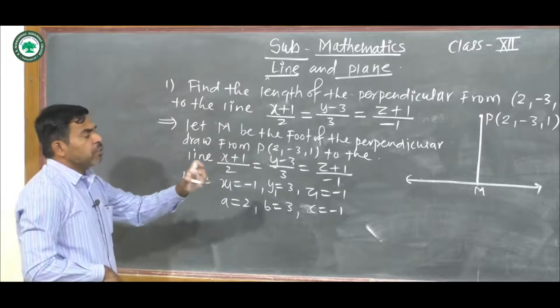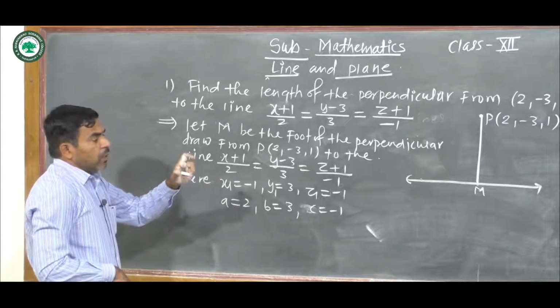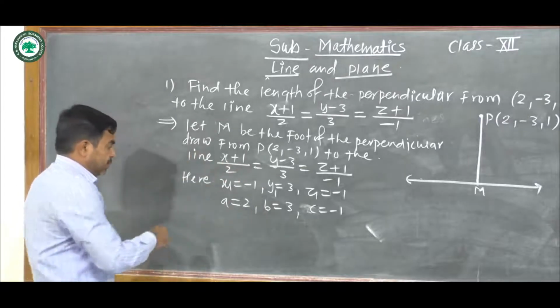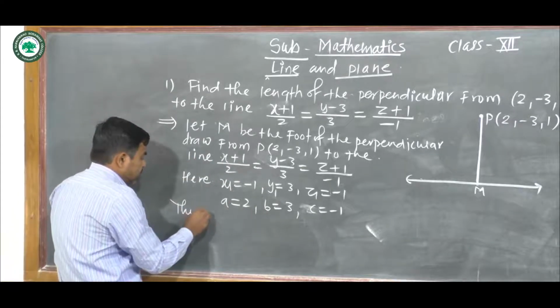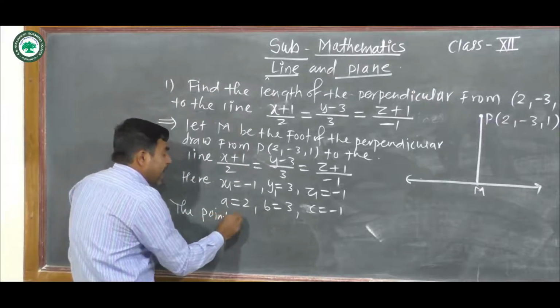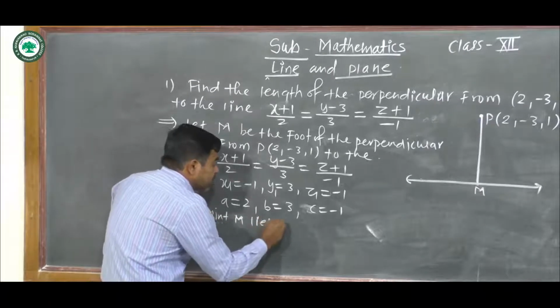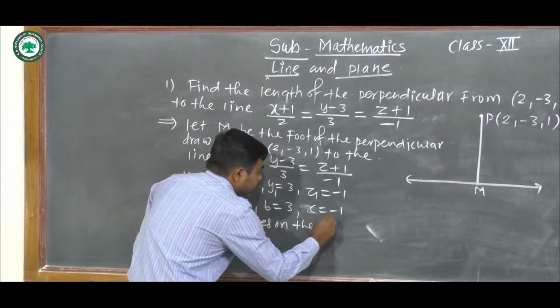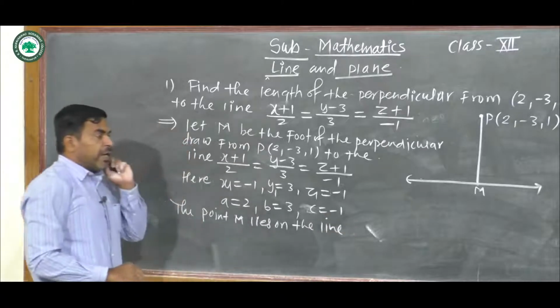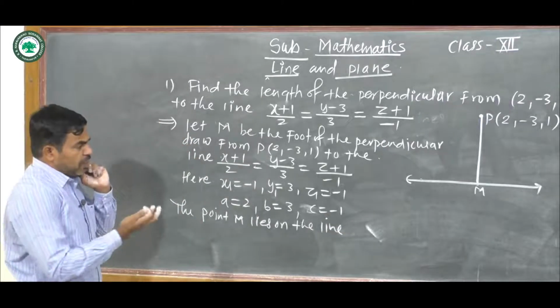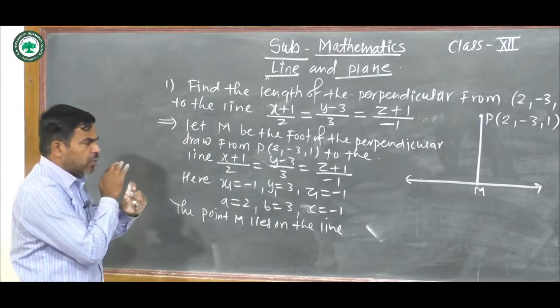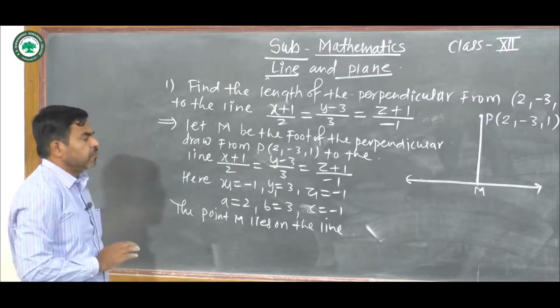Now M is foot of the perpendicular, that point M lies on the line. See, suppose M is a variable point, the coordinates of that point are not known to us.